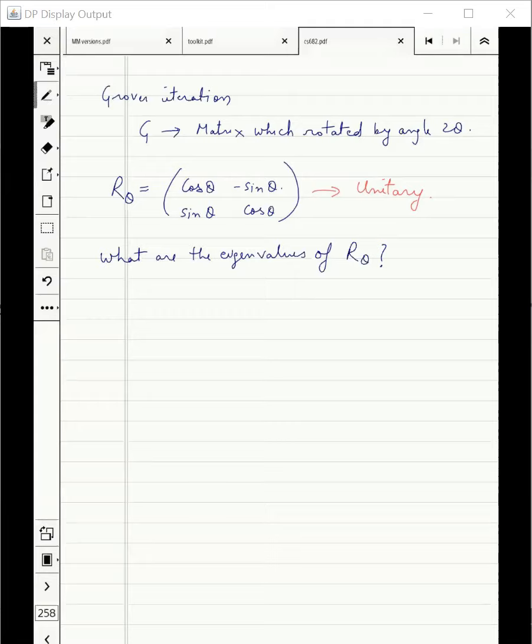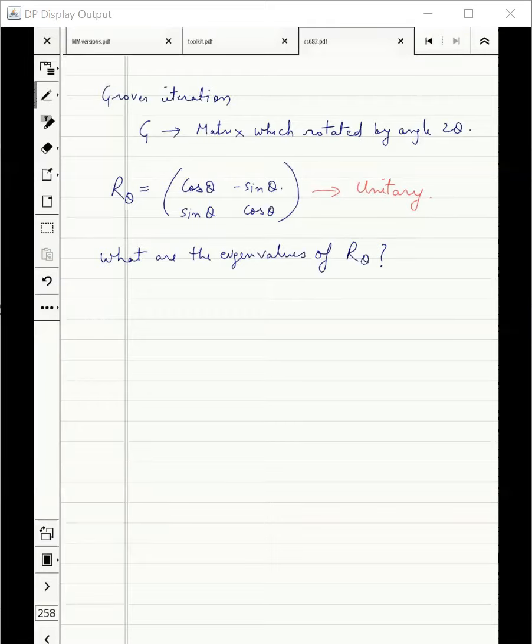Rotation does not affect the angle between the 2 vectors, and it does not affect the length of the vector. That shows it's basically a unitary operator. Now, that means its eigenvalues have absolute value 1.